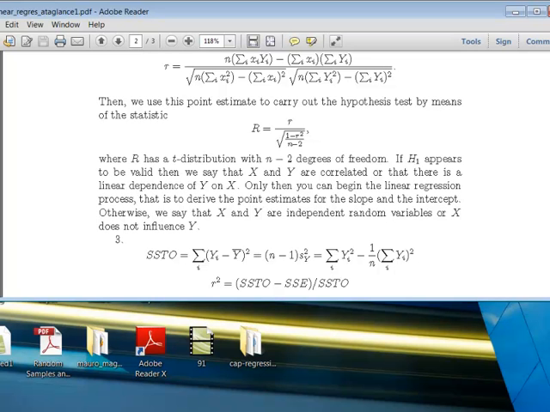We have n equal to 30, so R has a T distribution with 28 degrees of freedom. If we have a T distribution with 28 degrees of freedom, then when a value is equal to negative 7, this negative 7 is exactly, as I would say, off the charts. You can't even find it on the charts here.